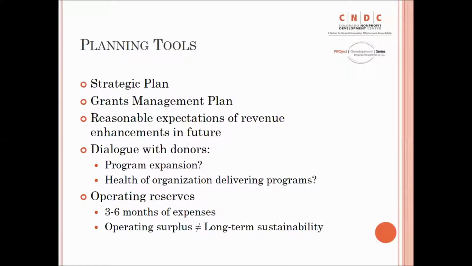The next one is a grants management plan, and that's actually the colored handout that's in front of you. It's a tool that some organizations have found helpful. It doesn't help you necessarily say what percentage of this program is being funded by a grant, but it does help you track and plan the grants that your organization will be applying for in the current calendar year and in future years.